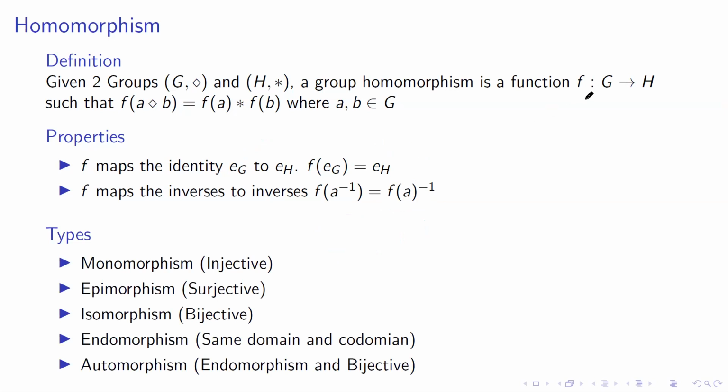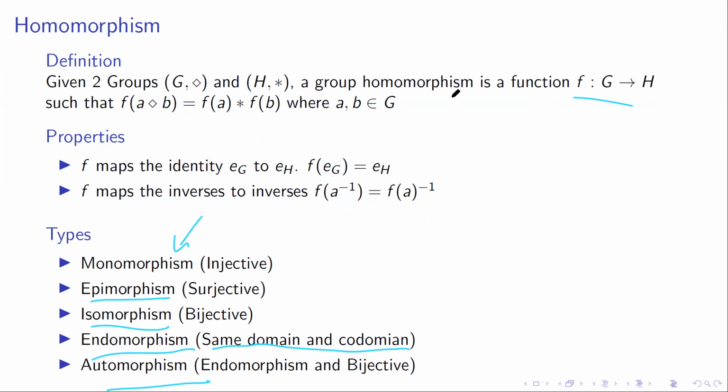If this function is injective, we call it a monomorphism. If it is surjective, we call it an epimorphism. If it's bijective, it's an isomorphism. If it has the same domain and codomain, it's an endomorphism. If it's an endomorphism and bijective, then it's an automorphism.